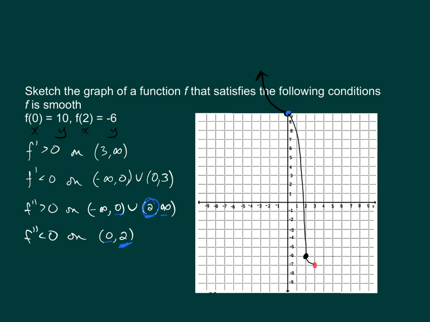But at 3, the graph has to stop decreasing and start increasing. If the derivative is positive, the function increases. So we just make sure this is still concave up and increasing. This is what the graph should look like.